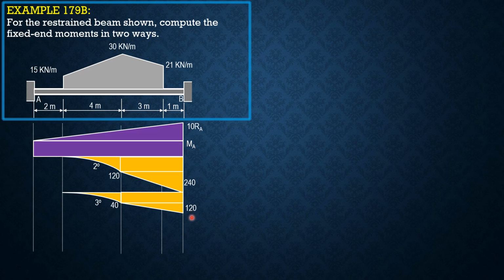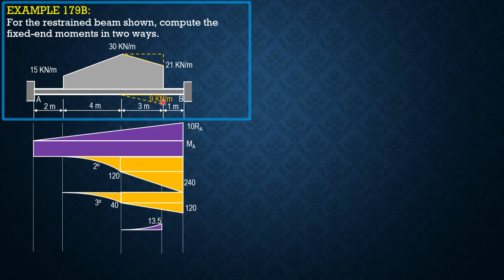Then for this trapezoidal loading here, we fill this gap to make it rectangular and counter it with an upward triangular load of intensity 9 because 30 minus 21 is 9 as shown. So therefore for the equivalent couple, it is third degree here. 1/2 of 3 times 9 times 1, it is third degree, positive 13.5.